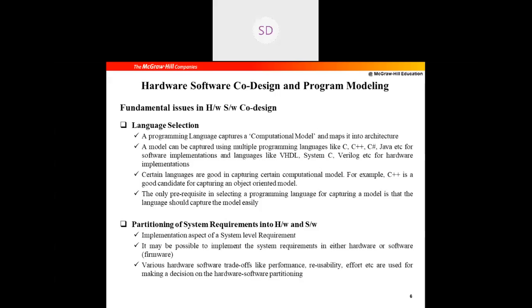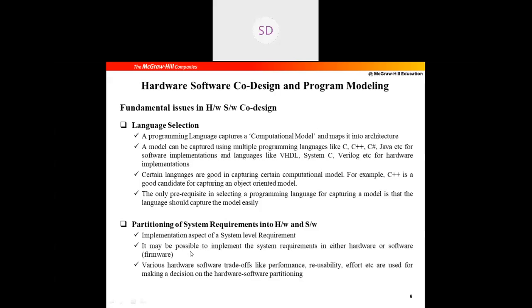The next challenge is partitioning of a system requirement into hardware and software. Right? This is also an important factor. We need to partition it. Certain functions or certain architectures, whatever you have designed, whether they can be implemented only in hardware or software. So partitioning also plays a very important role. It is the implementation aspect of the system level requirement.